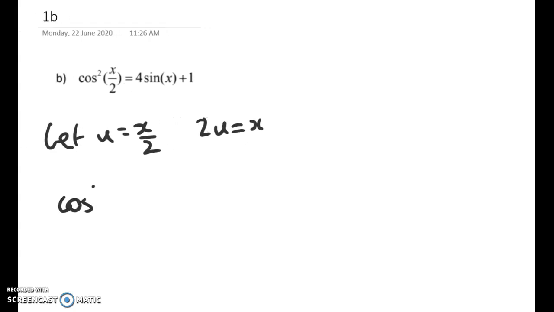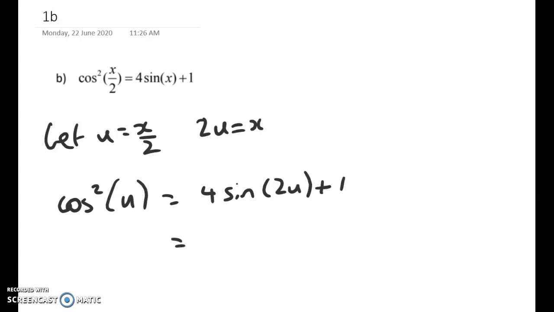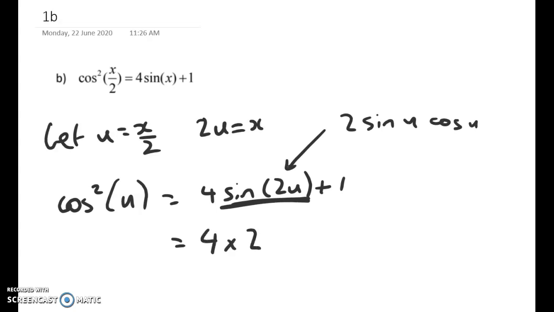That gives me cos squared of u is equal to 4 sine 2u plus 1. So in this case, there's only one thing to do here, which is to replace this with 2 sine u cos u. So it's 4 times 2 sine u cos u plus 1.